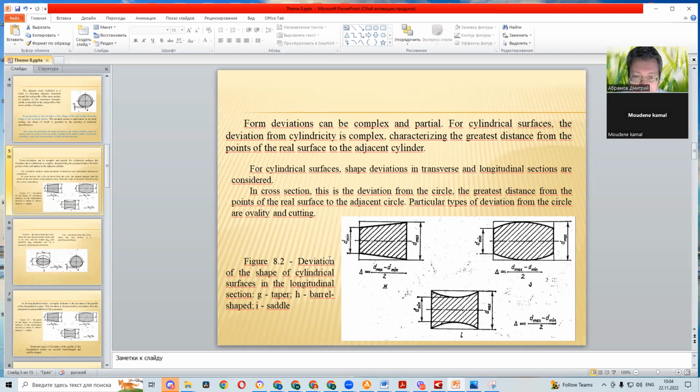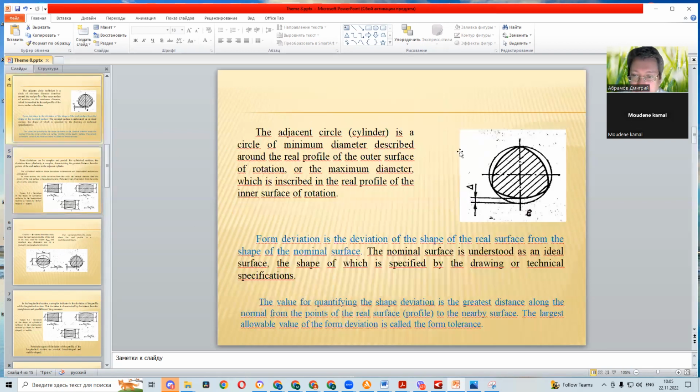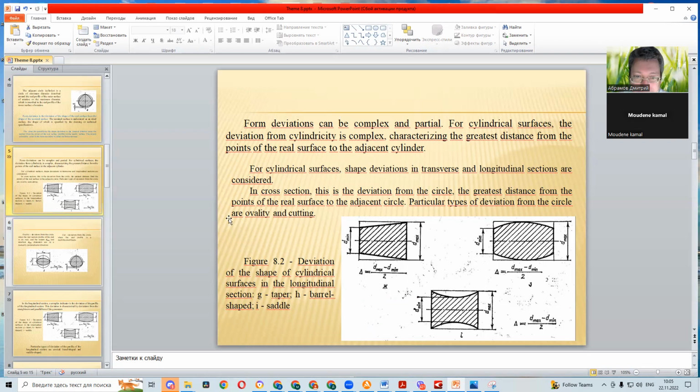In cross section, this is the deviation from the circle, the greatest distance from the points of the real surface to the adjacent circle.